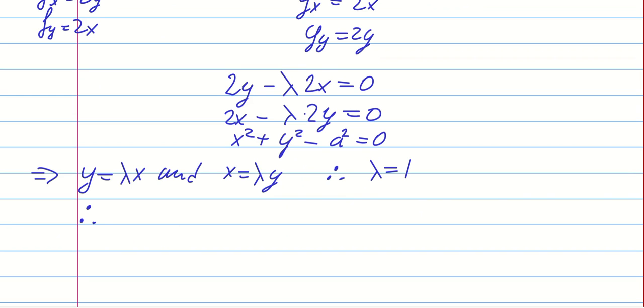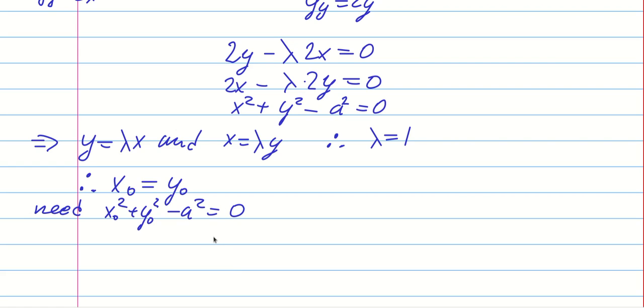So what does it mean for us? x sub 0 has to equal y sub 0. All right, what else do we need? We also need this equation to work. So we have x sub 0 squared plus y sub 0 squared minus a squared equals 0.